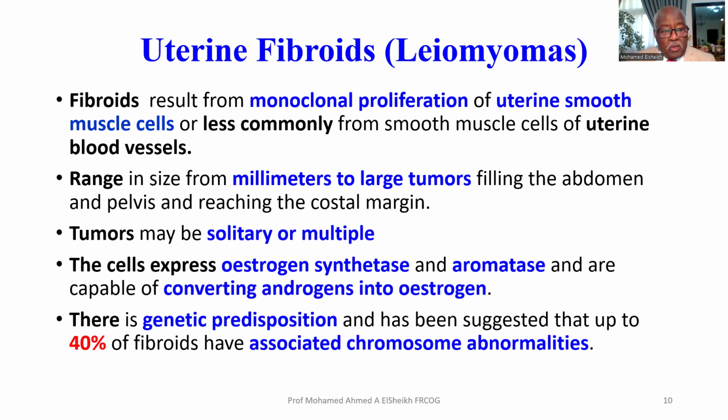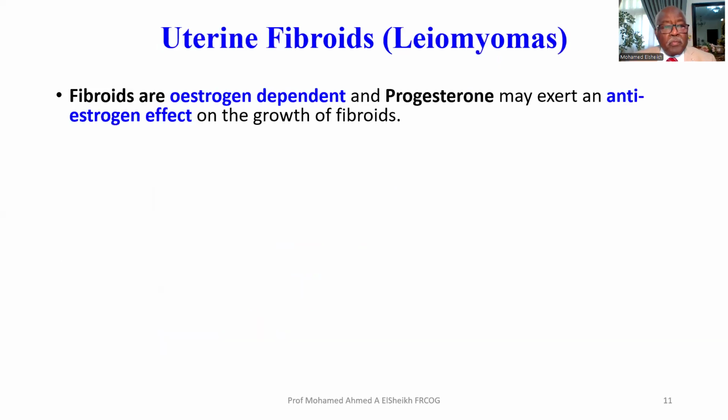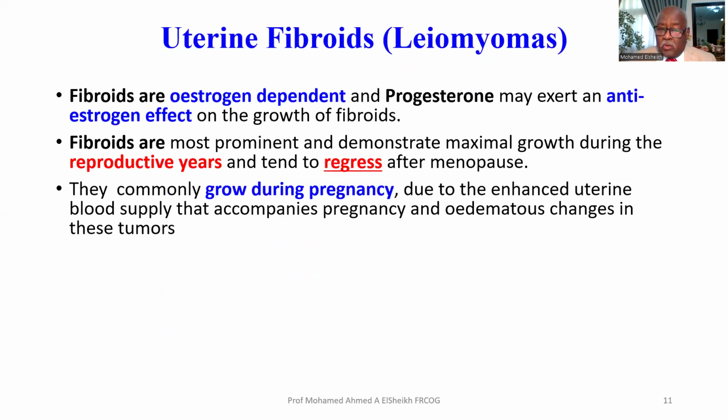So besides the ethnic factor we have mentioned, there is some genetic predisposition for that. As I have mentioned, they are estrogen dependent. Progesterone may exert an anti-estrogen effect on the growth of the fibroids.